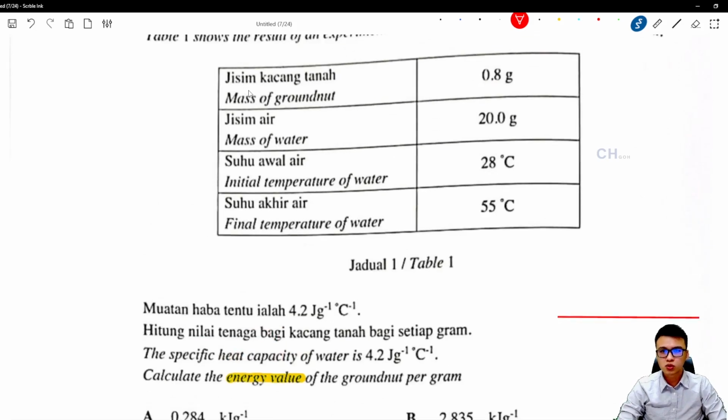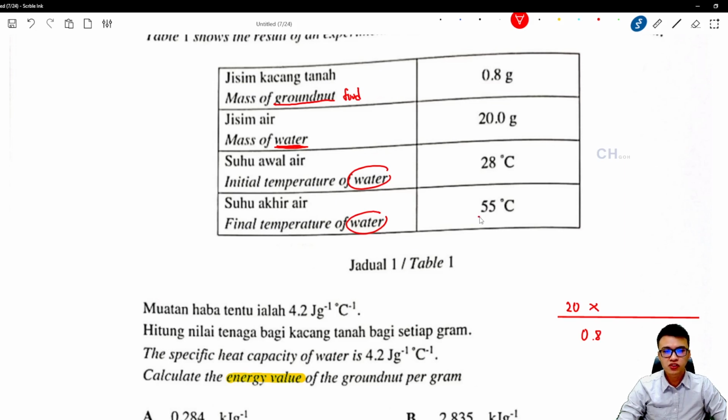Alright, so you look at this. Mass of the groundnut: groundnut is food, so we are going to put it below the line. Mass of water, related to water, we put on top of the line. Times the temperature change of water, also related to water, on top of the line. But be careful, we need to find the difference between the final temperature of water and the initial temperature of water.